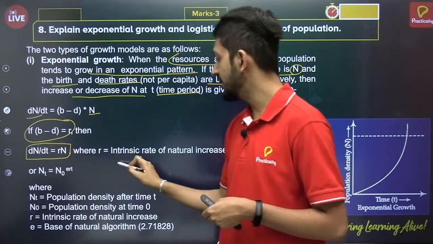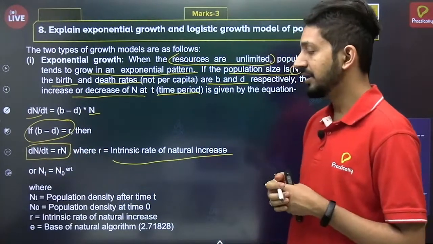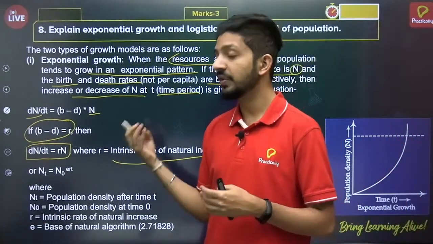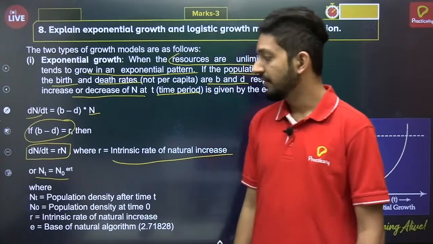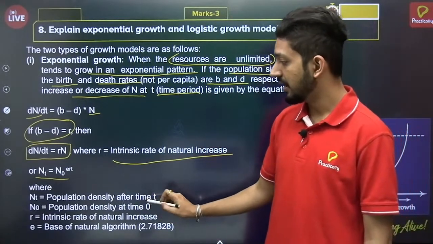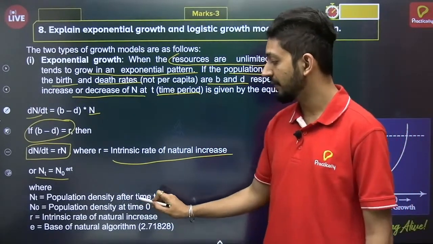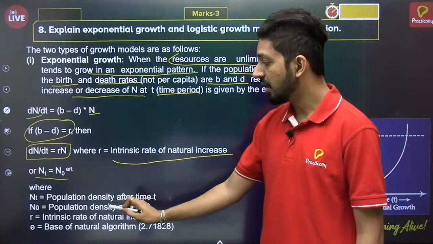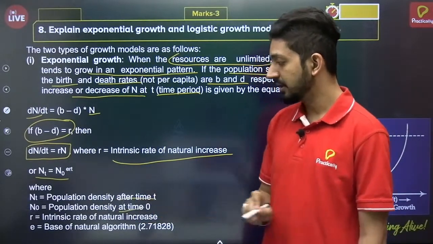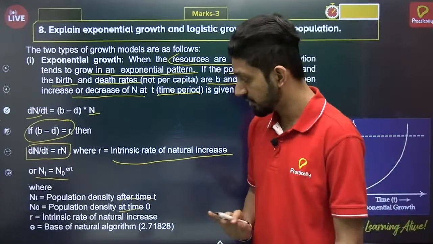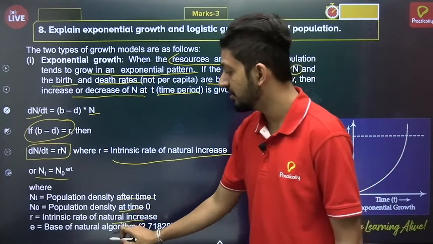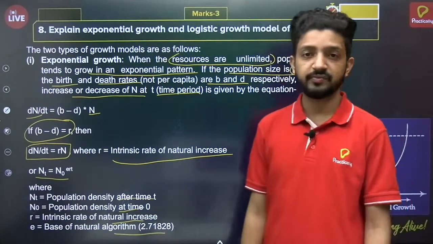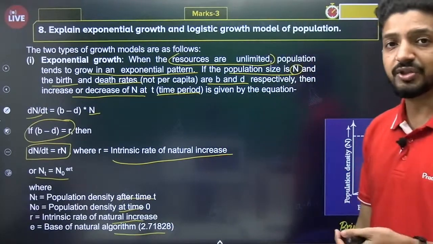r is the intrinsic rate of natural increase, and if we mathematically modify it by integrating, we can write it in this format: Nt = N0 e^(rt), where Nt is the population density after time t, N0 is the population density at time t = 0, r is the intrinsic rate of natural increase, and e is the base of natural logarithms.